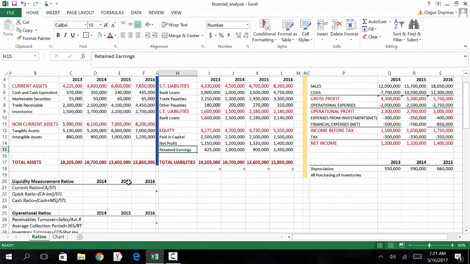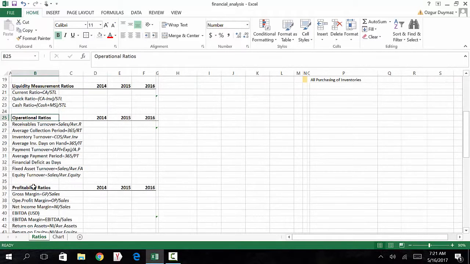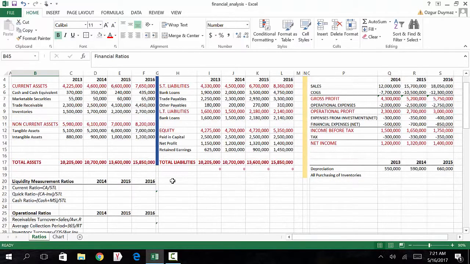For this analysis, we will use four fundamental ratios: liquidity measurement ratios, operational ratios, profitability ratios, and financial ratios. A company's liquidity is its ability to meet its short-term financial obligations. Liquidity ratios attempt to measure a company's ability to pay off its short-term debt obligations.